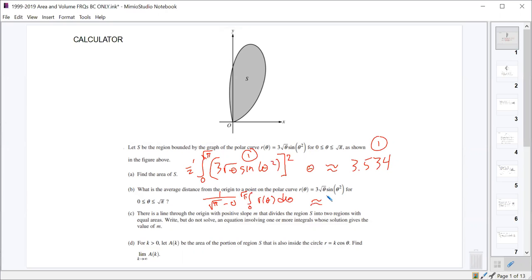And that came out to be 1.579933. And that was also worth 2 points, 1 for the integral and 1 for the answer. Does that make sense to everybody there for part B?